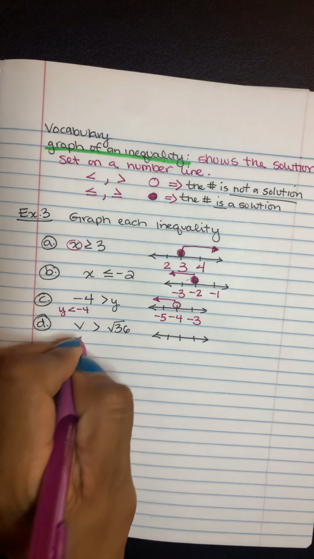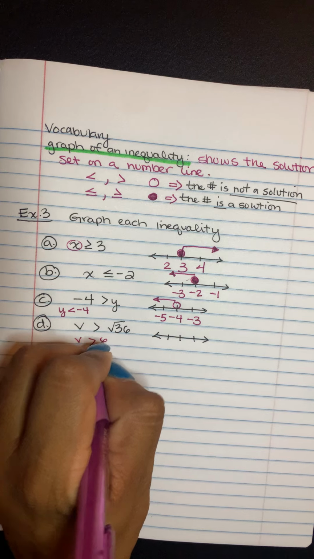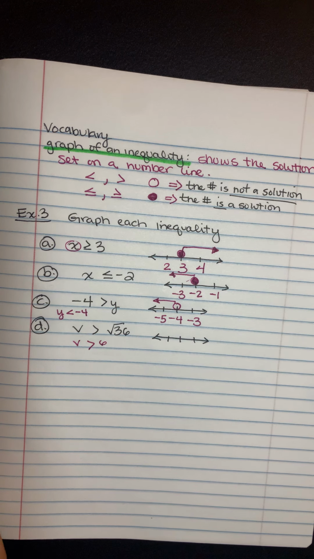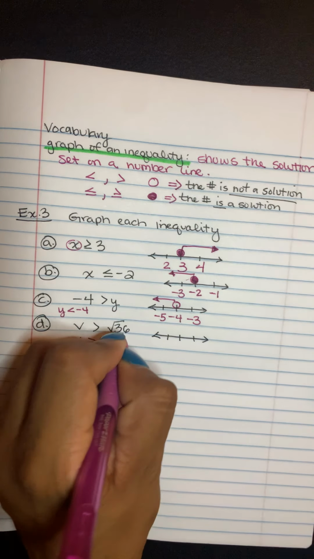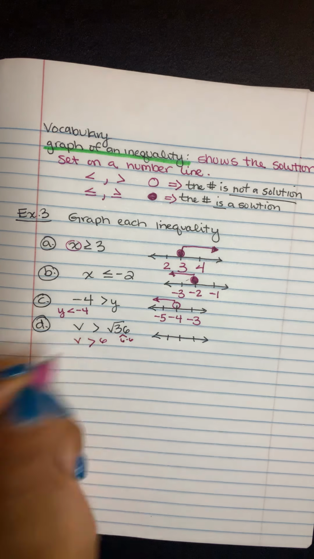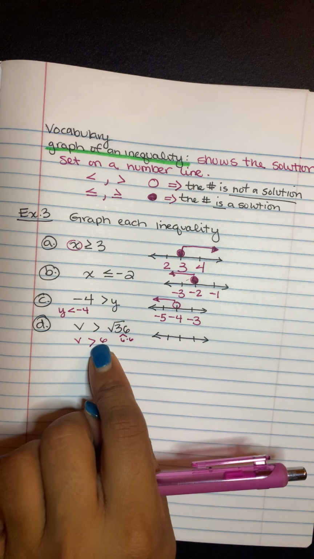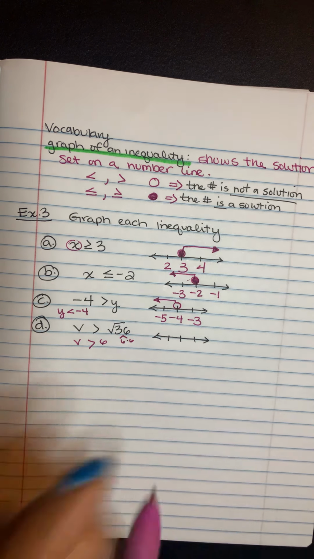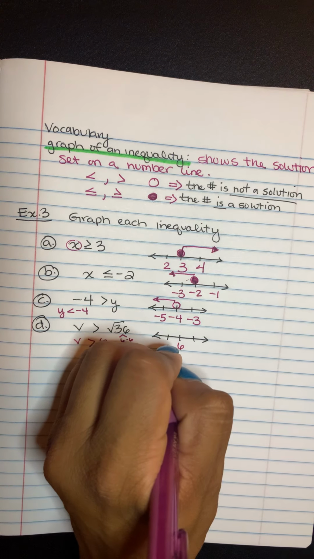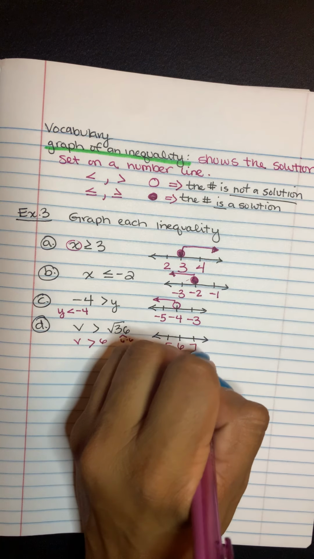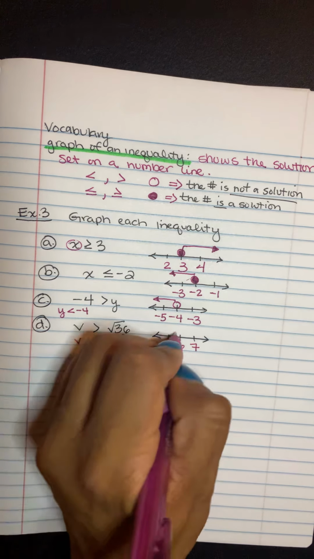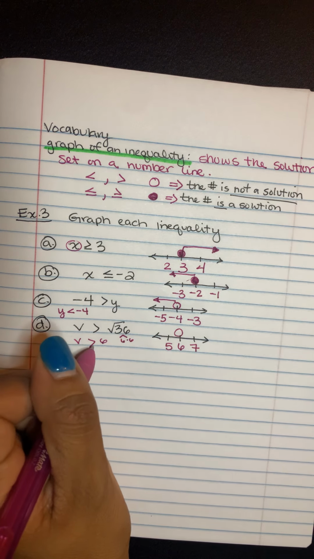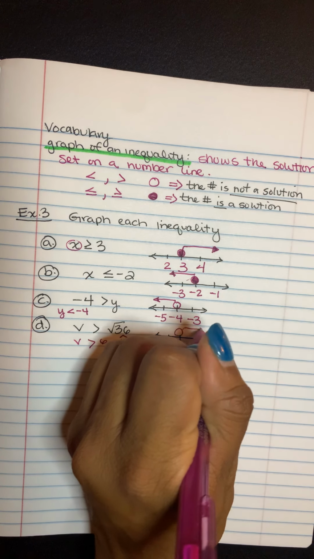We know it is 6, because 6 times 6 is 36. So we have v is greater than 6. Again, we're using the number 6. To the left is 5. To the right is 7. It's an open dot. Numbers that are greater than 6 are to the right.